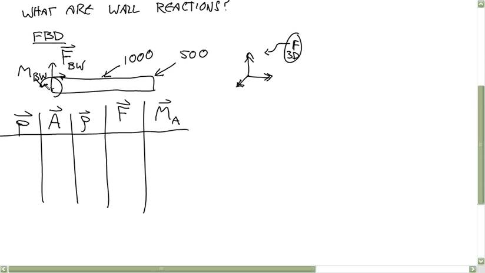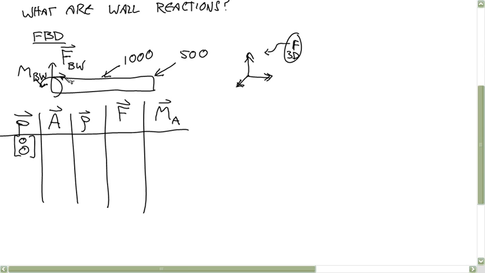All right, so let's start with the couple. That's applied at the origin, so I'll go 0, 0. We have to choose an about point. It makes sense to choose an about point that's at some unknown load, because what is the benefit of that? It falls away. Yeah, that's right.